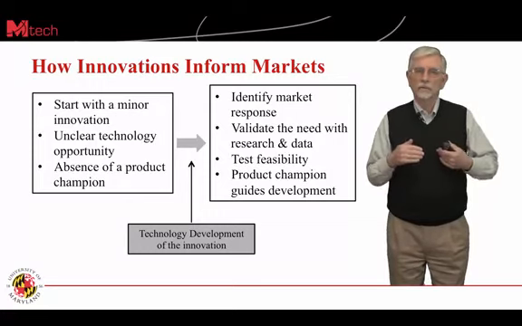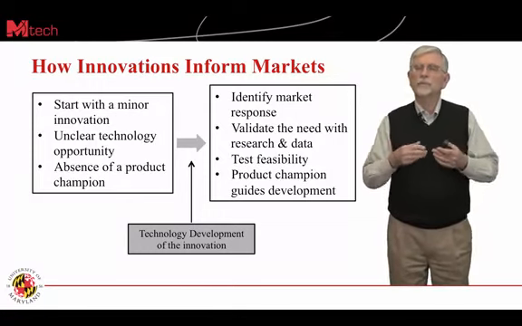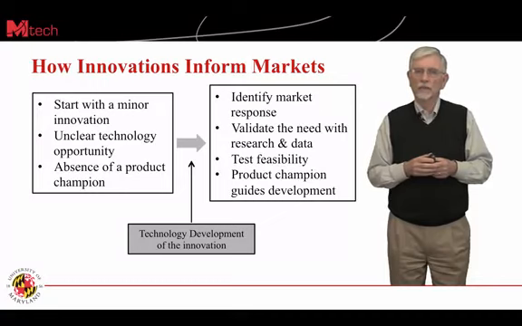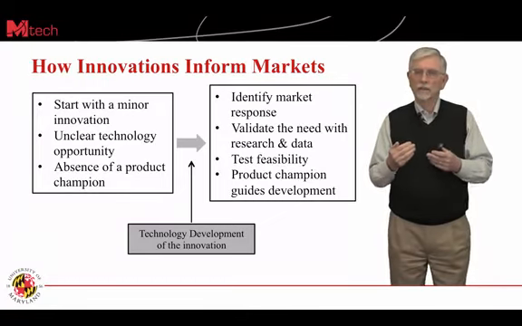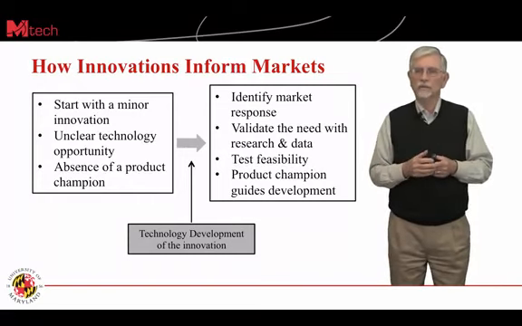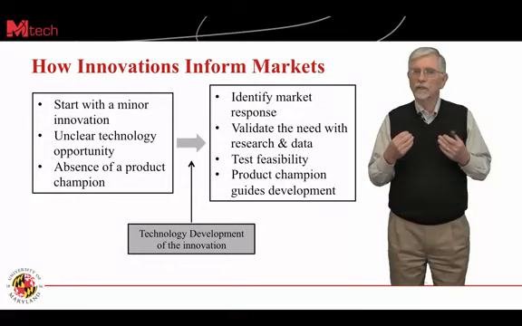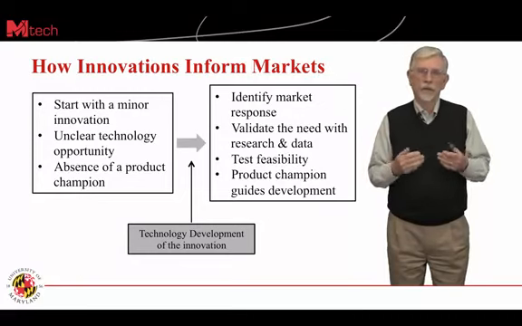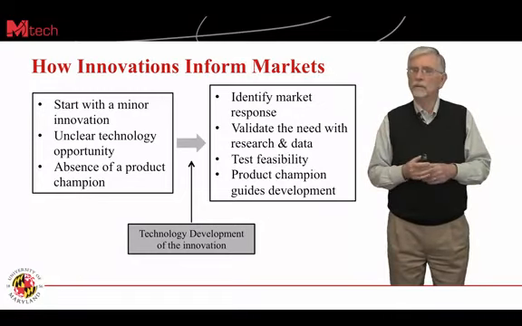And so you start without a project champion, you put it out there in the marketplace, and you look at what the market response is, and you can validate that need with some research, and you test its feasibility, and if it really flies, then you assign a product champion, and you can then develop that product to really work in the marketplace.